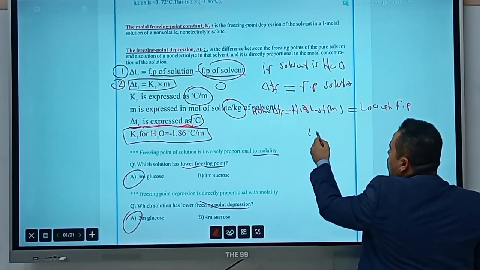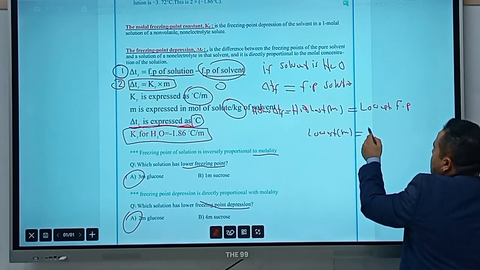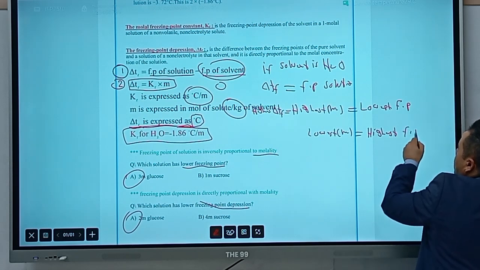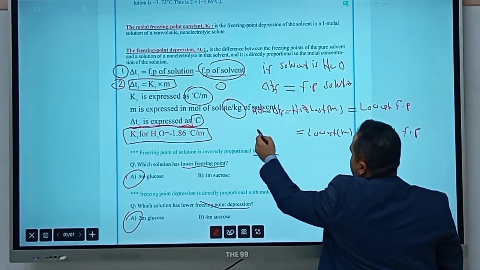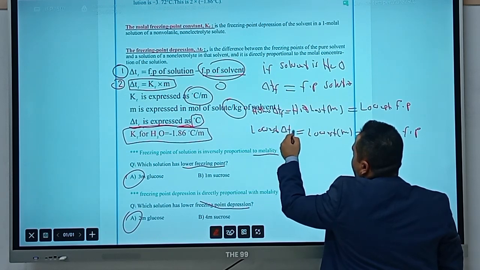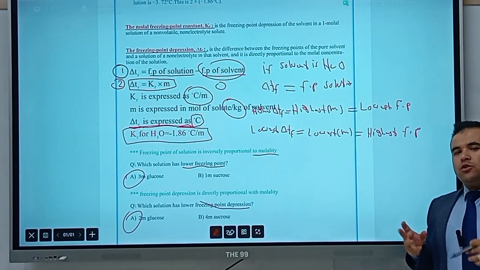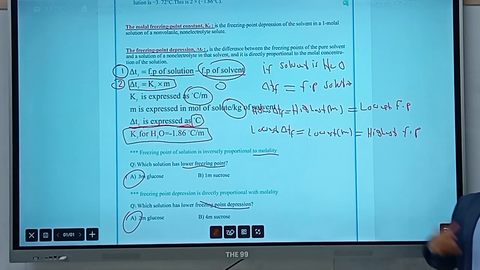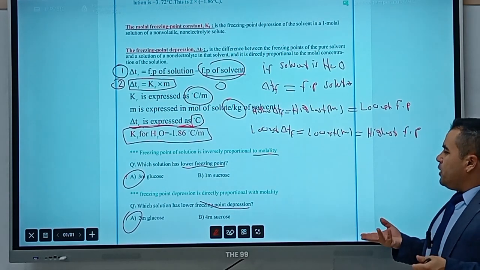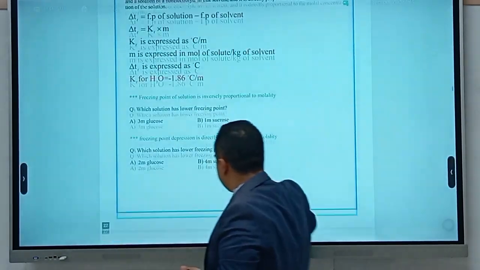But the lowest molality, lowest M, is the same as the highest freezing point and is the same as the lowest delta TF. These two statements can be used to answer questions about which has the highest freezing point, lowest freezing point, highest freezing point depression, or lower freezing point depression.